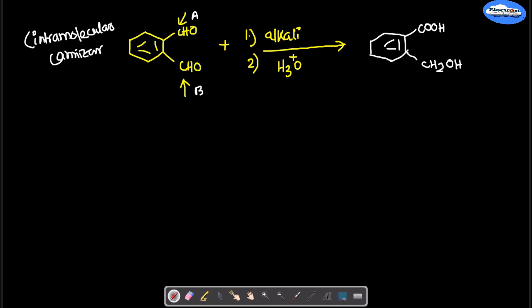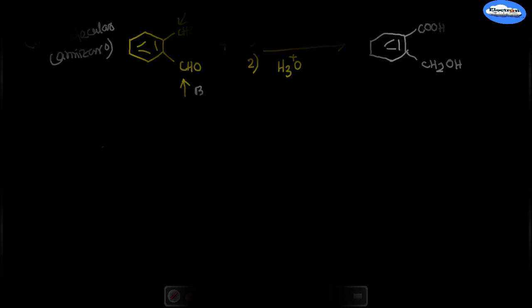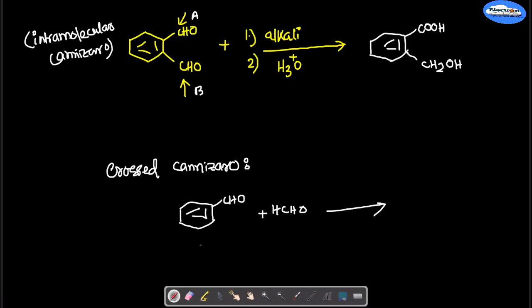Okay, I think it is clear now. Now I will give an example of a crossed Cannizzaro reaction. Here you can see that benzaldehyde is there and the other is formaldehyde.